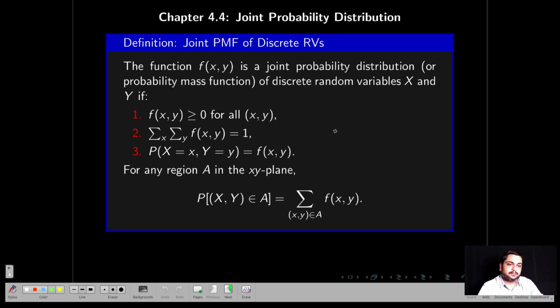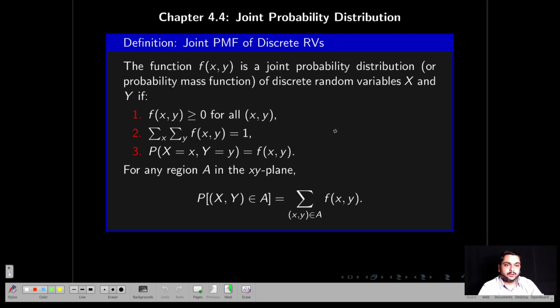Here we'll be learning only for two random variables, both the discrete case as well as the continuous case. This can be extended to any number of random variables. For your syllabus it is only two variables. Let us try to understand.